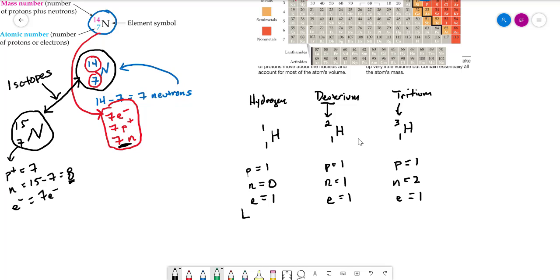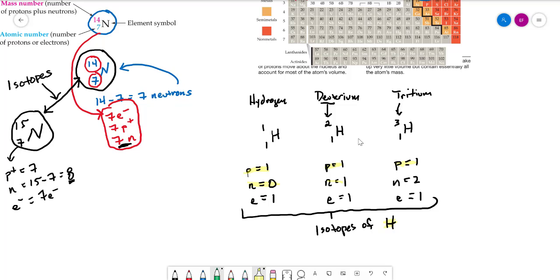And so all of these 3 are different isotopes of hydrogen. They have identical numbers of protons in each case, so that means they are all the same exact element, but they differ in the number of neutrons.